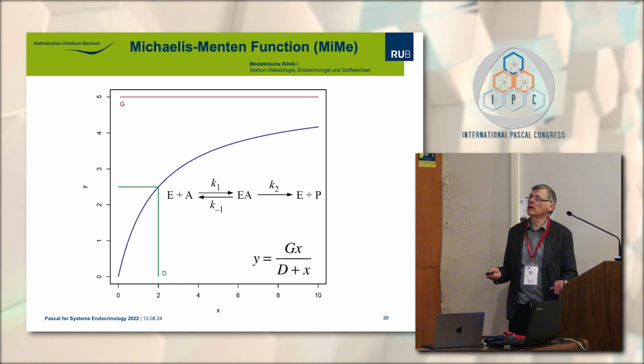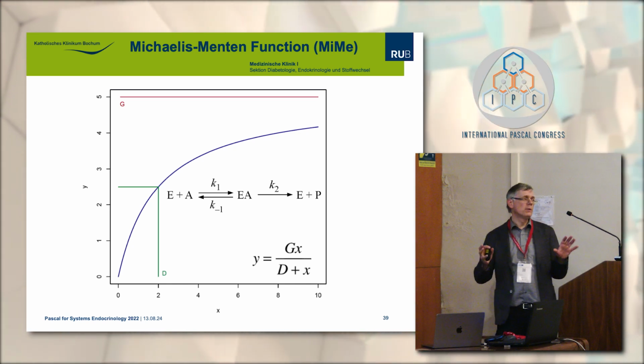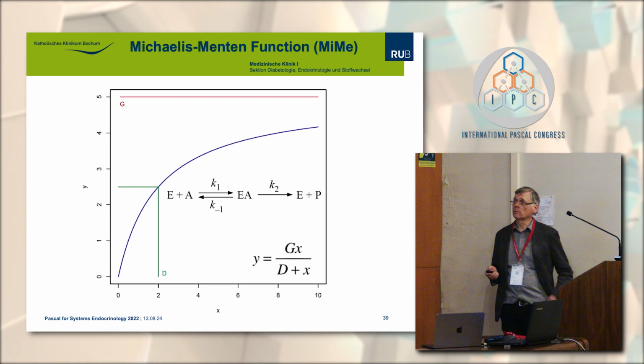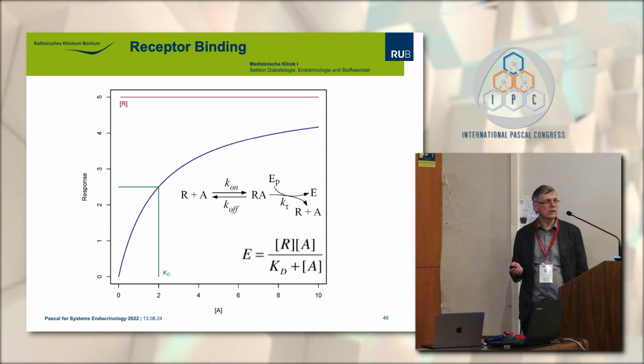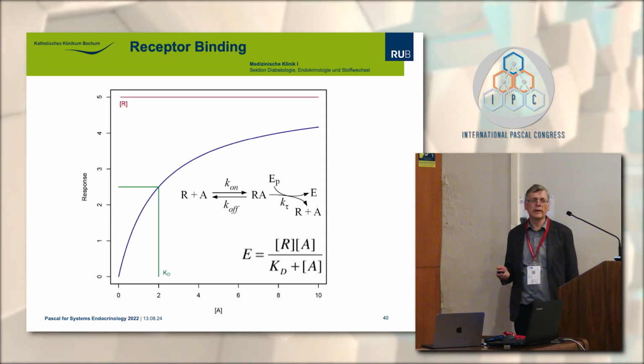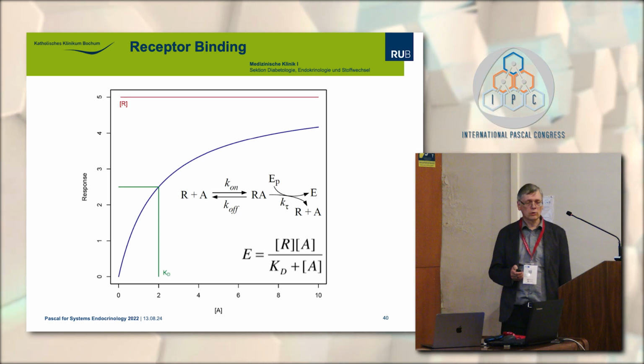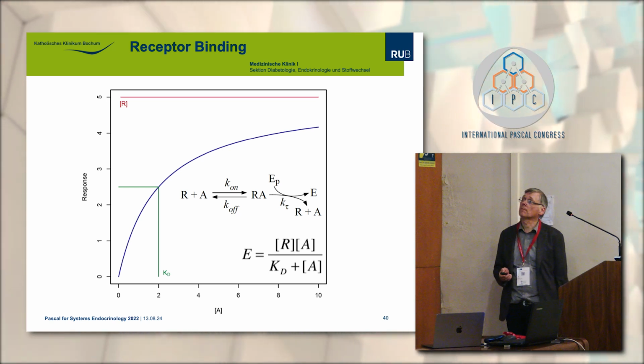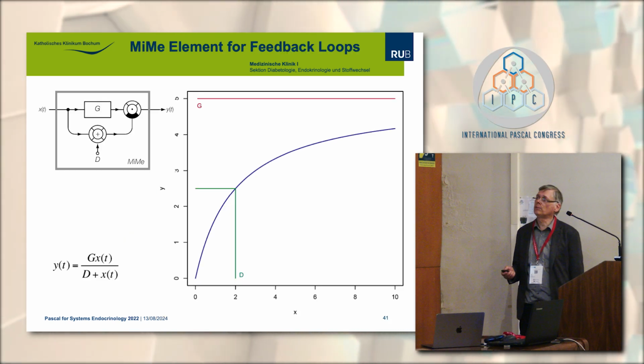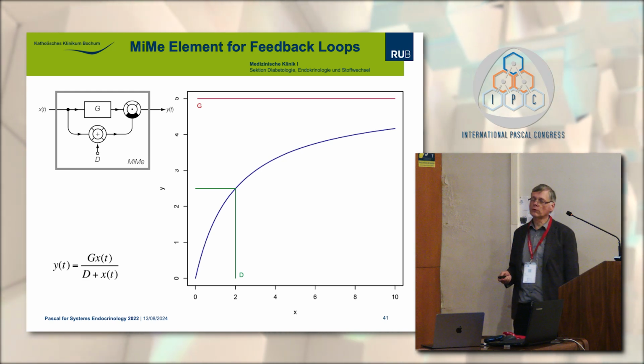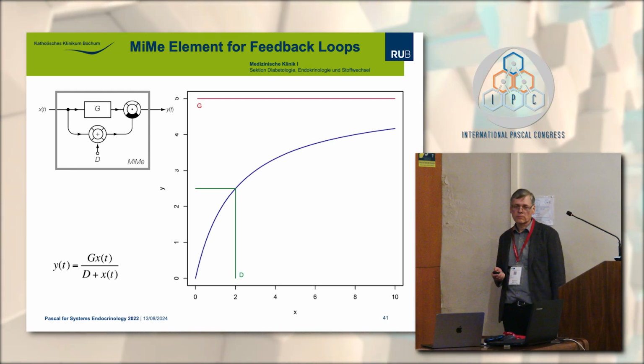So with these two parameters we have defined the shape of this nonlinear function. And we can not only use it for enzyme kinetics, but also for receptor binding and other important biological relationships. And we have defined this building brick, which we can use for modeling and simulation.